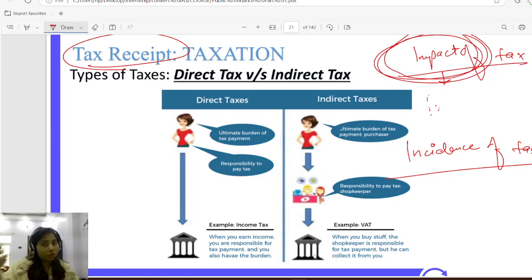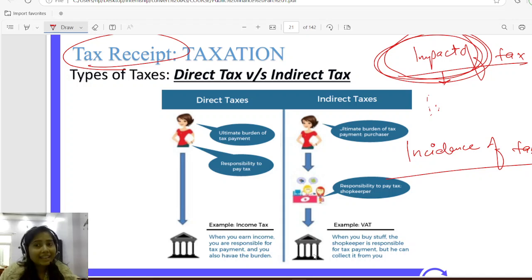But suppose you are asking a tax from me, but I am diverting it to different people, because suppose I am doing some sort of production and you have imposed some production tax on me, so I'll be transferring that tax amount to my consumer. Okay, so I'll be charging a small portion of tax from them as well.